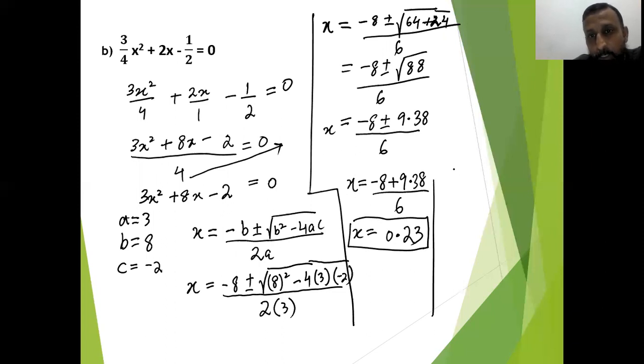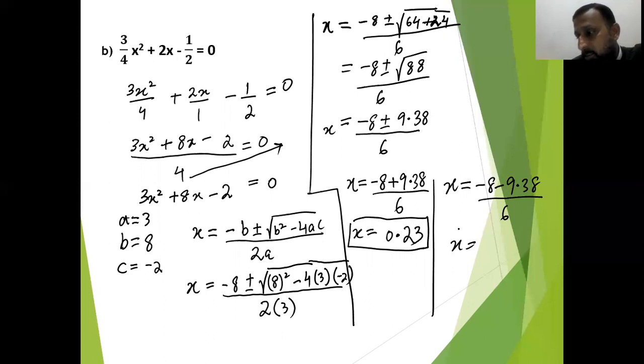Likewise, you do the same working again but with a minus sign, or x equals negative 8 negative 9.38 upon 6. Again, you are allowed to use your calculator. Negative 8 minus 9.38, and then finally divide the result by 6.